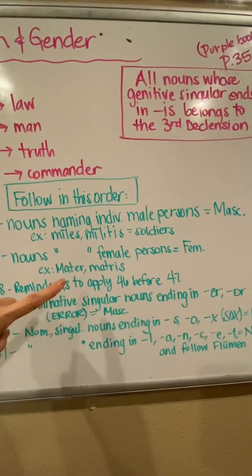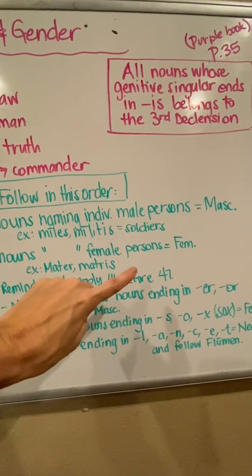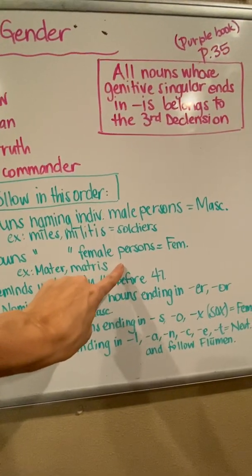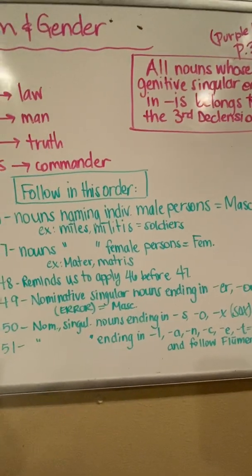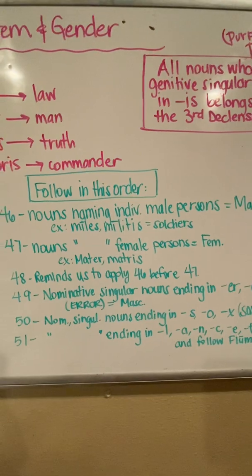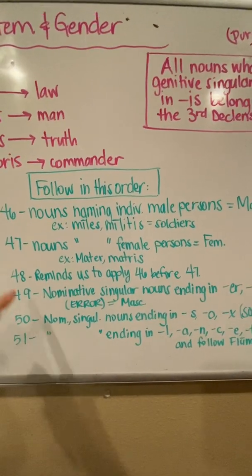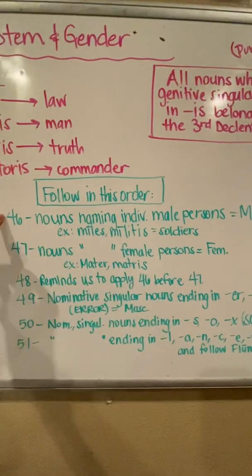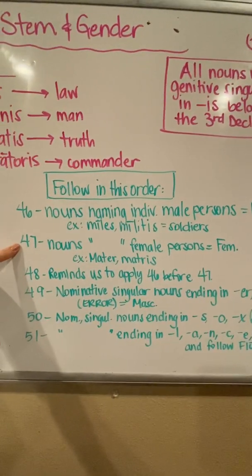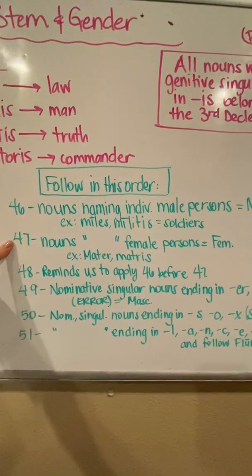We have things like mater, matris, which means mother, and that is a feminine person, so it's a feminine word. Then we get down to 48. It simply reminds you that you must apply 46 before you apply 47. So you always have to go in this order.